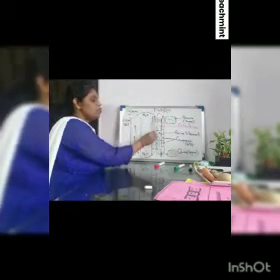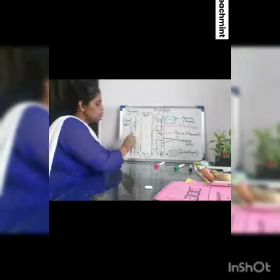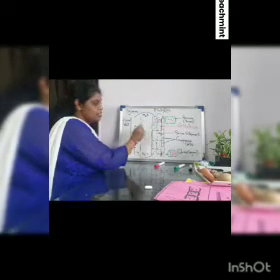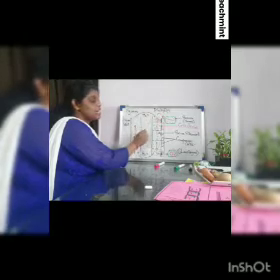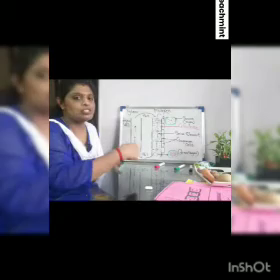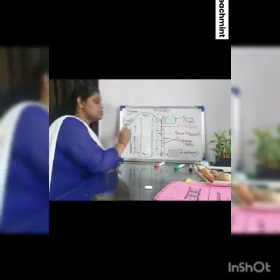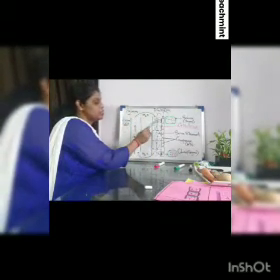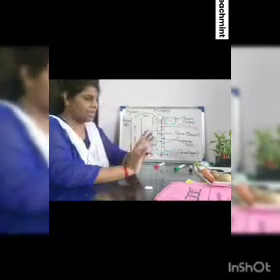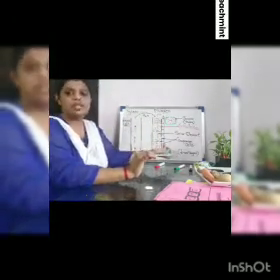By the process of osmosis, from the region of less solute concentration to a region of more solute concentration, against the concentration gradient. Usually we know it goes from higher concentration to lower, but here it is from lower concentration of solute to higher concentration of solute.